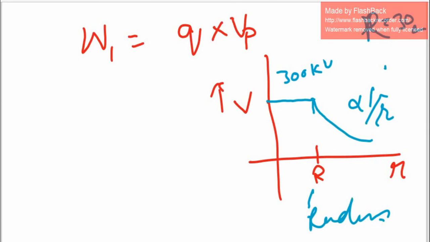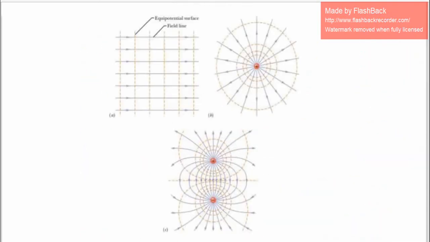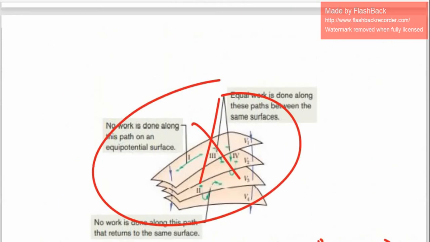We have different surfaces with equal potential, just like the mountains of equal heights.